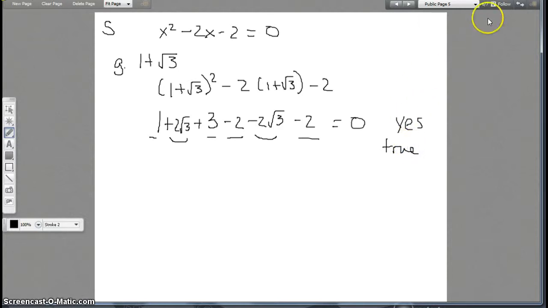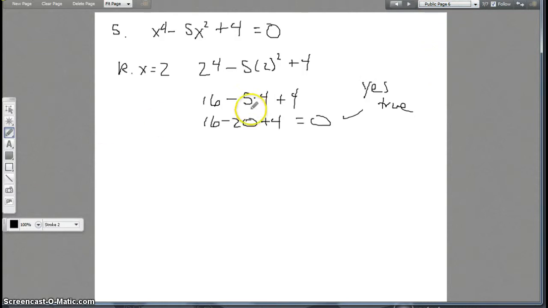Okay, let's look at part L for number 5. This uses the same equation, but we're going to have x equal to negative 2. So this time we have negative 2 to the 4th, minus 5 times negative 2 squared, plus 4. Now be sure that this negative goes inside of your parentheses because your x is negative 2.